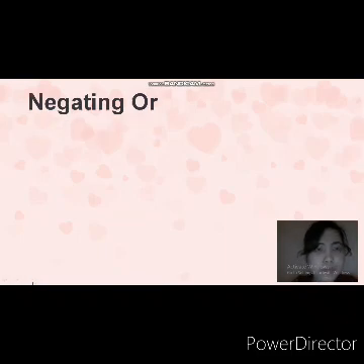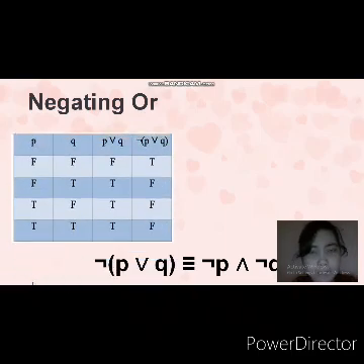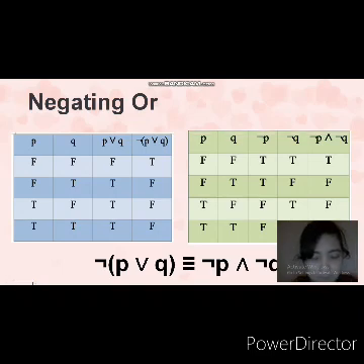Negation of or. The negation of P or Q is equivalent to the negation of P and the negation of Q. For proof, use truth tables. These two statements are always the same.